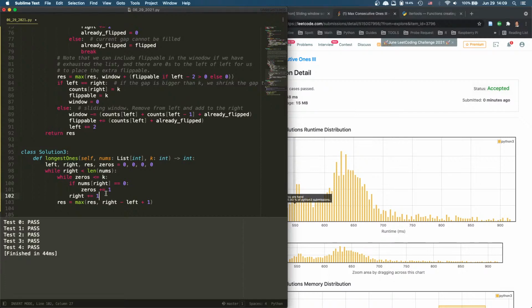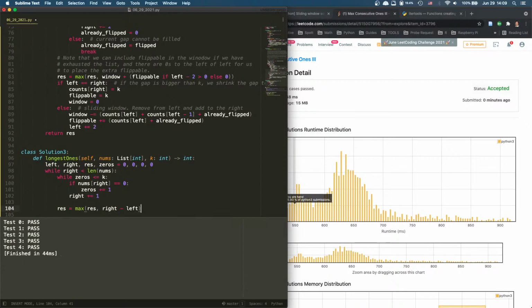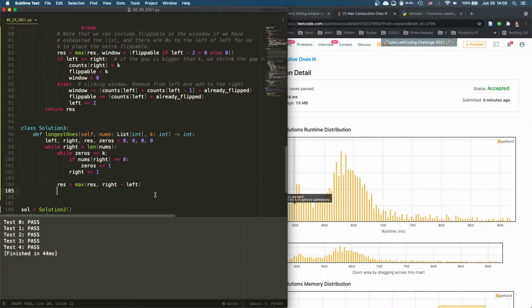Once we explode, we come back. Right is here, so we're just going to be right minus left. And then we're going to shrink all the ones.